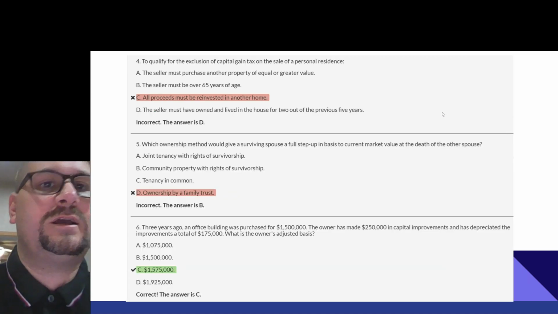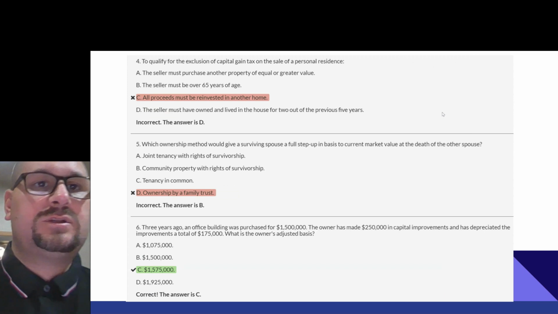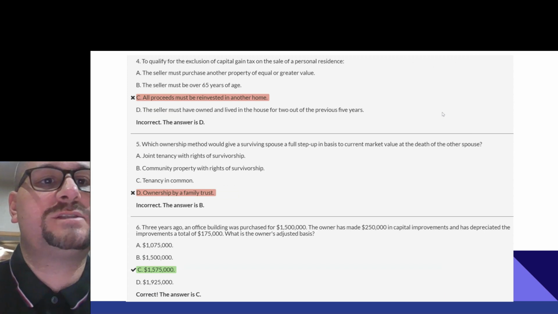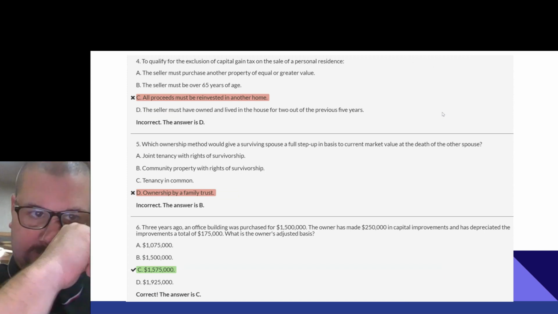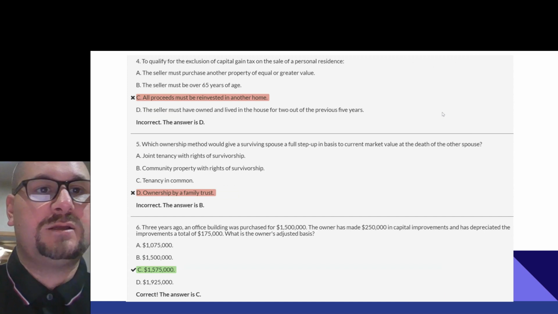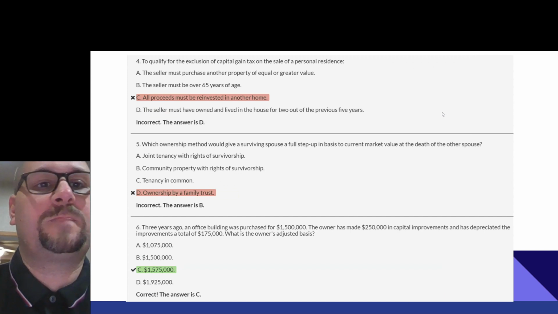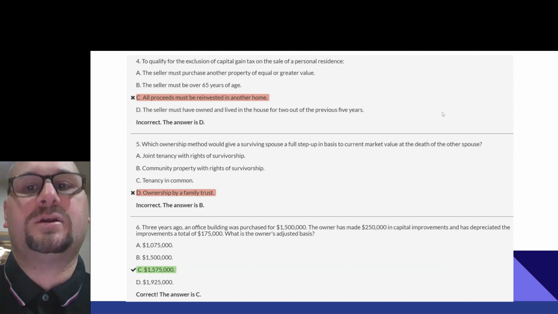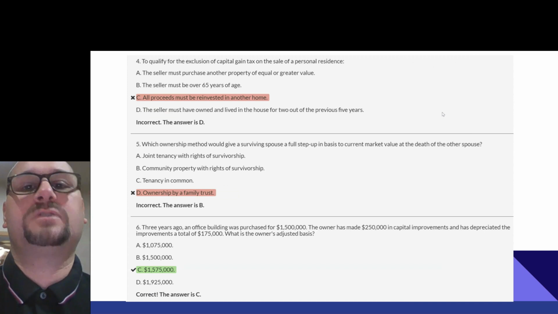To qualify for the exclusion of capital gain tax on the sale of a personal residence, Delta, the seller must have owned and lived in the house for 2 out of the previous 5 years.